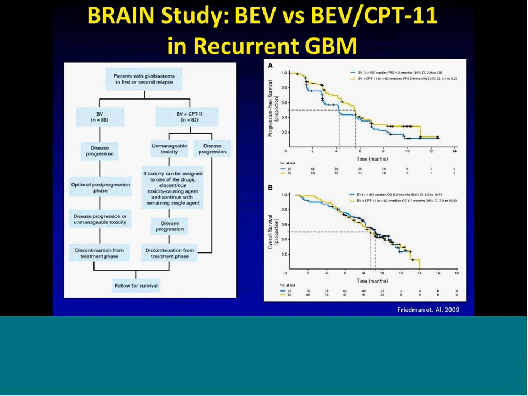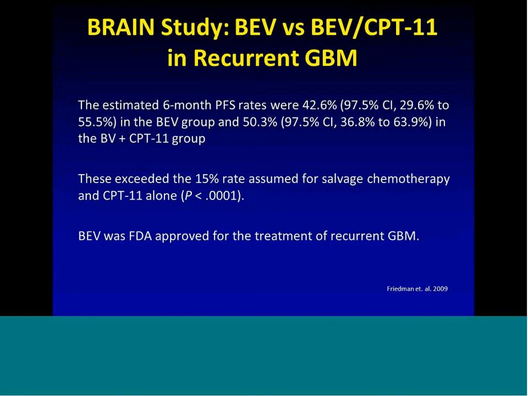They had very similar survival patterns, but what I want to show you overall, remember that statistic of 9 to 16% 6-month progression-free survival. When the patients received some type of bevacizumab regimen, it was 42.6 to 50.3%. So this seems to be a very exciting time for the brain tumor community.